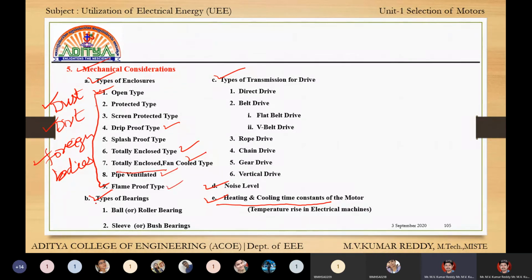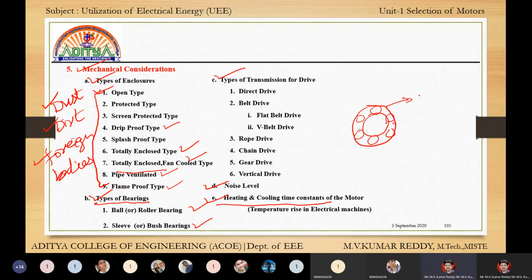Next one is types of bearings. There are 2 types of bearings: ball bearings and sleeve bearings. In bearings there are 2 parts, inner part and outer part. Here we have bearings.